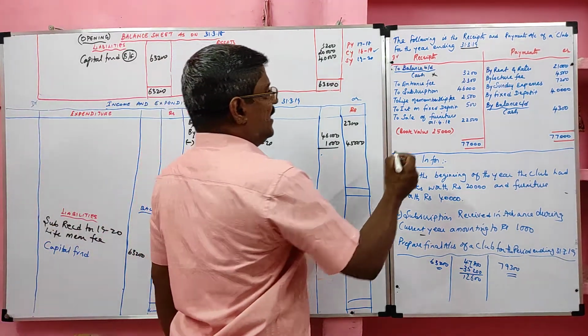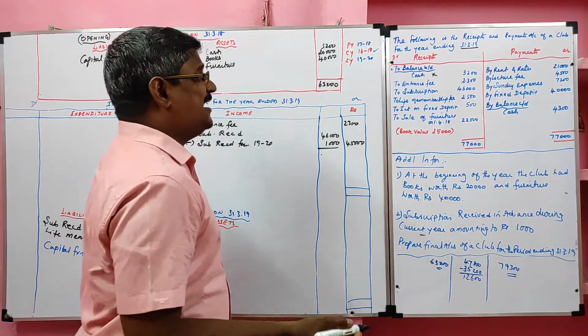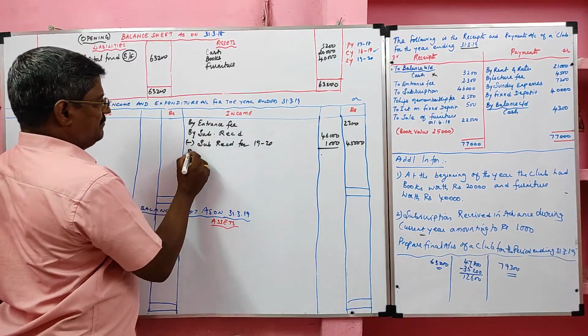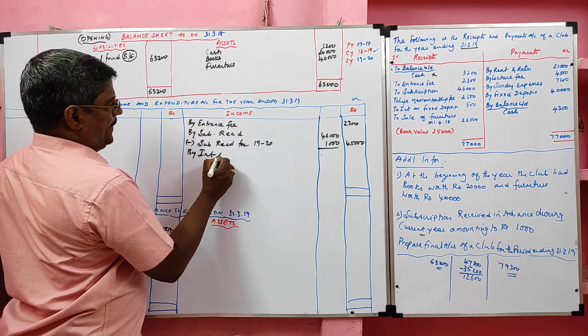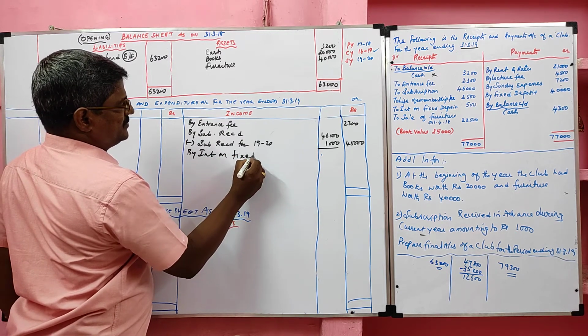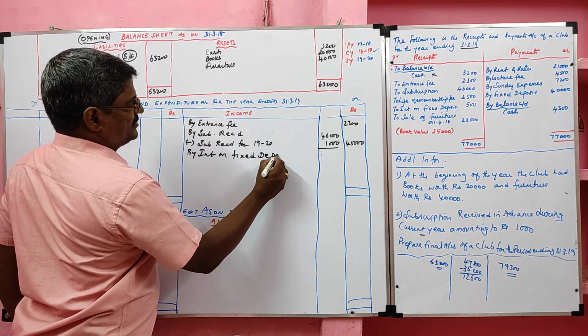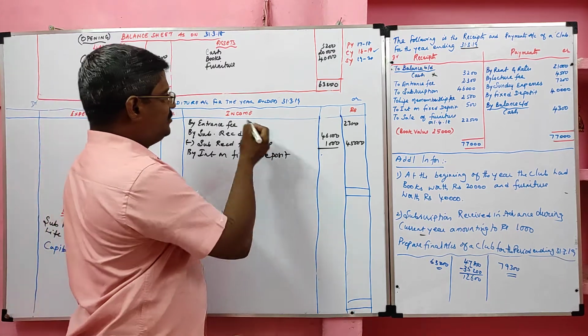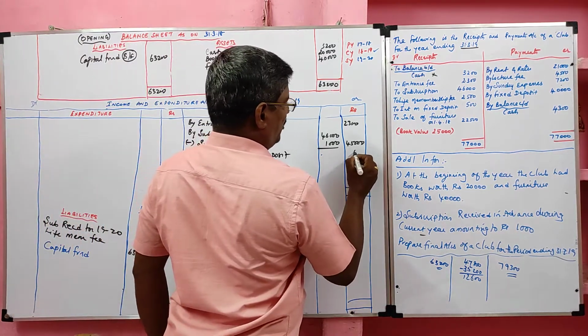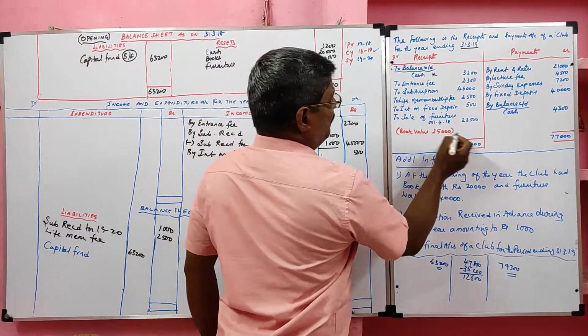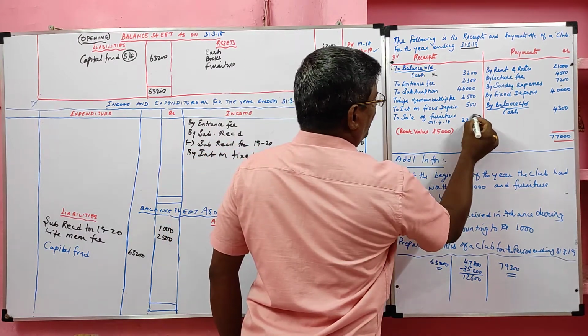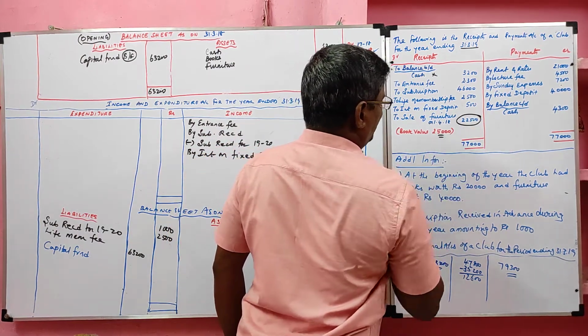Then interest on fixed deposit is a revenue receipt, it will go to the income side, value 500 rupees. Then sale of furniture, sold value 22,500, book value 25,000.